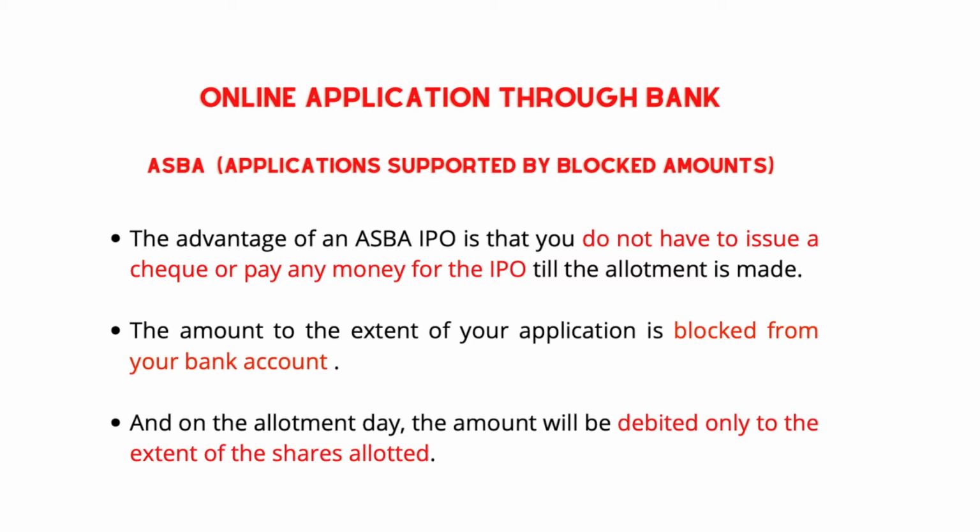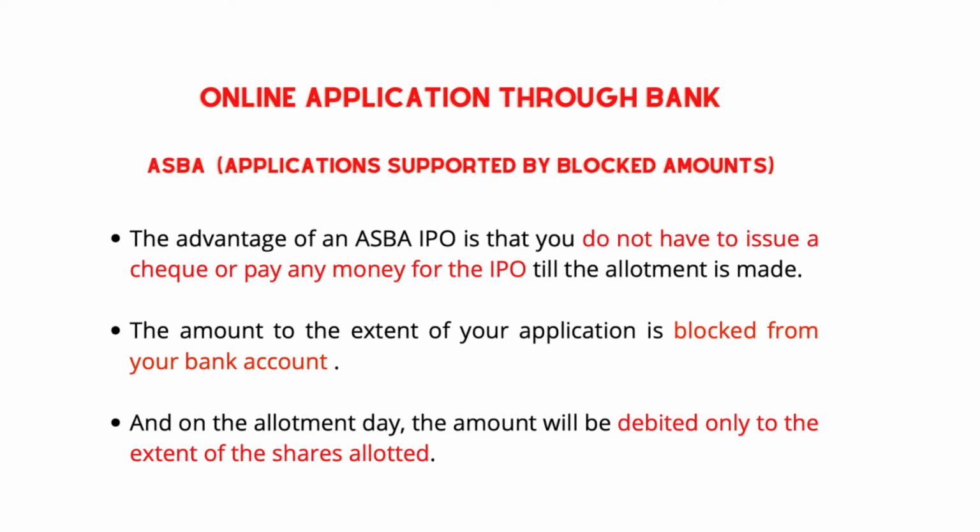That is, if you have applied for IPO for 15,000 rupees, suppose if you are allotted with shares, only then the amount will be debited from your bank account. Till then, amount is blocked in your bank account for the IPO and you need not wait for your refund. Throughout that period of time, you will earn interest on the blocked amount also.